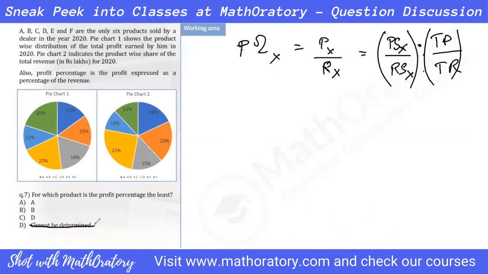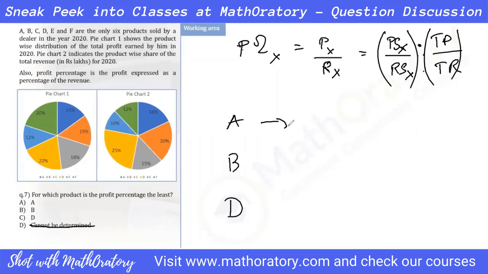The point is, this total profit by total revenue is constant for all the products, right? So all I have to compare is whichever product has the highest profit share by revenue share fraction. So this fraction is highest for which of the products? I don't have to test all of them because cannot be determined is silly any which way. So let's test for A, B, and D.